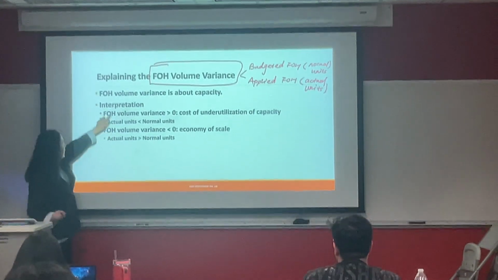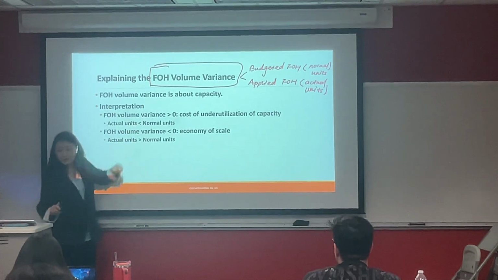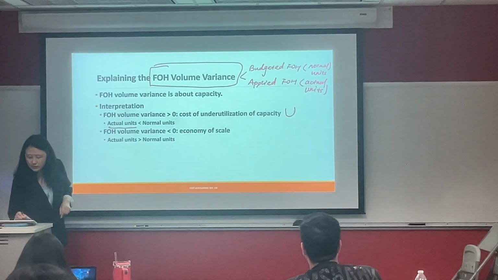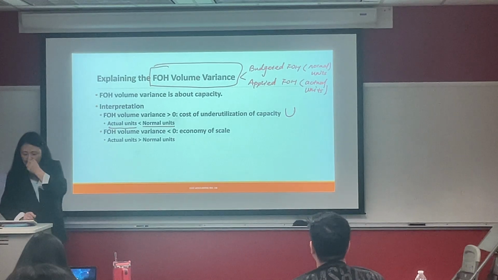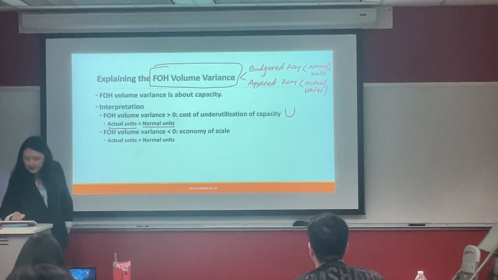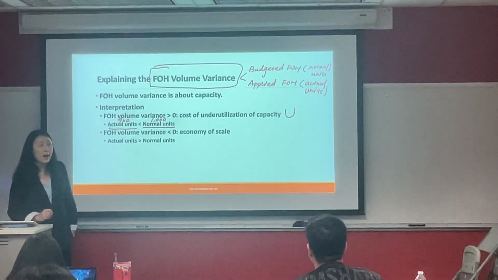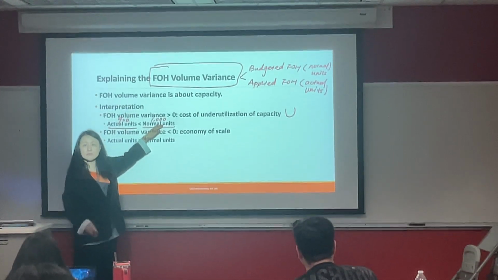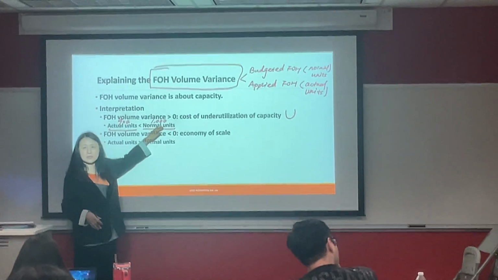Now when the variance is positive, this is unfavorable. What that means is actual units are less than the normal units. So what does that mean? If normal units is 1,000, actual units is 900. On January 1st, you said you were going to produce and sell 1,000 units.